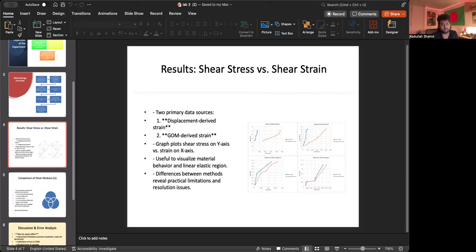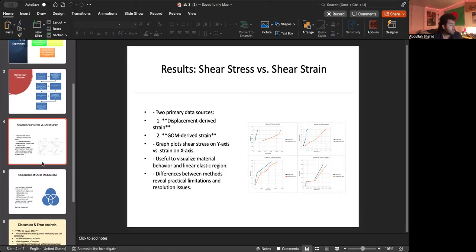Both methods reveal the elastic region clearly, but differences become noticeable beyond the proportional limit. I think these differences likely result from the resolution and sensitivity of the equipment, as well as alignment challenges because everything was shaky and all over the place, honestly. The graph helps us visualize material stiffness and how each measurement technique captures deformation.